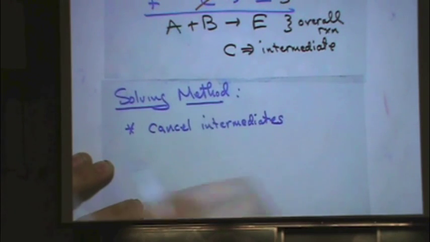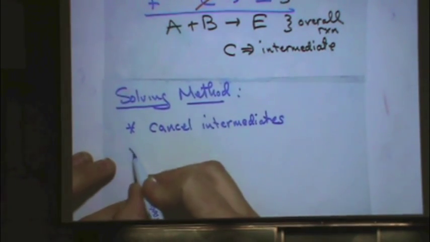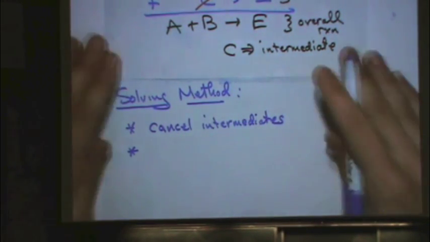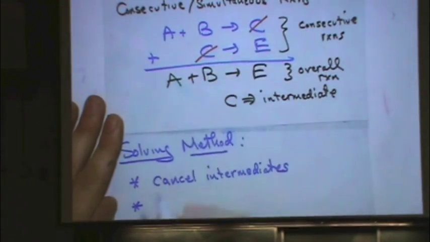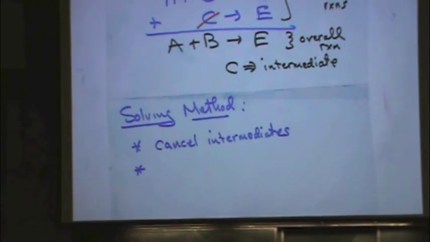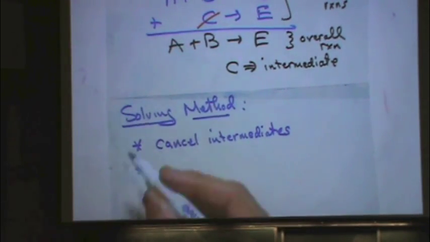So find the intermediate and cancel it. How do you find the intermediate? It's whatever's not in the overall reaction. Make sure it cancels. So what you have to do sometimes is flip reactions. You have to multiply a reaction by a coefficient like 2 or 7, or things like that to cause those intermediates to cancel.